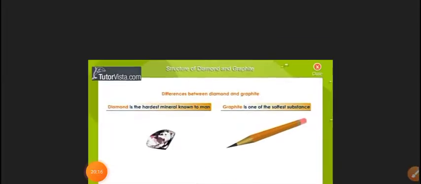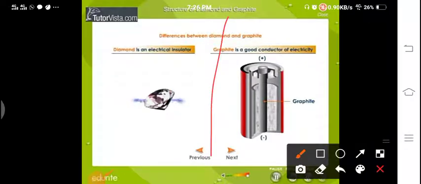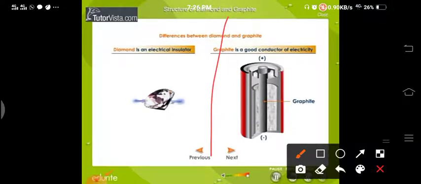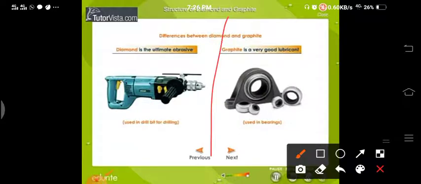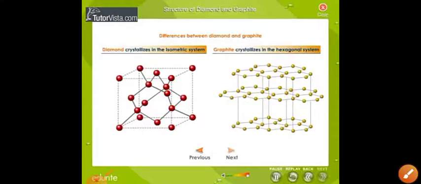You can differentiate these two based on this. With diamond and graphite, diamond is an electrical insulator. Diamond is the ultimate abrasive. Graphite is not. Graphite is opaque and diamond is transparent. So based on the structure we can see.